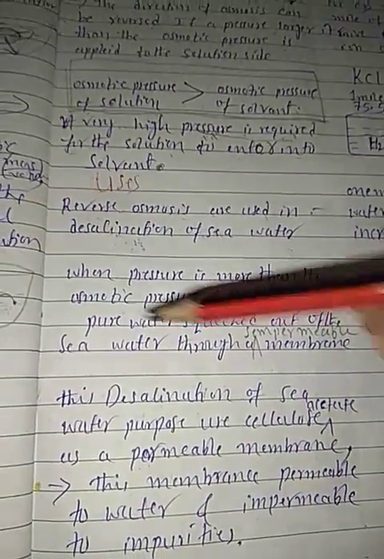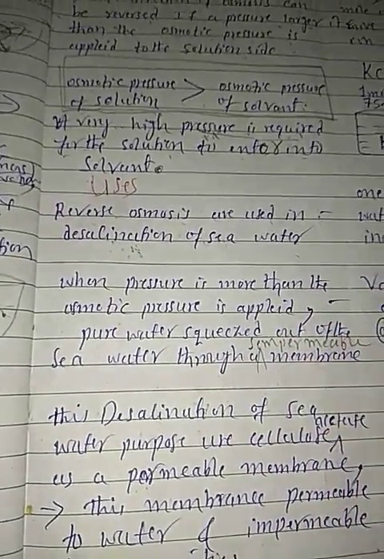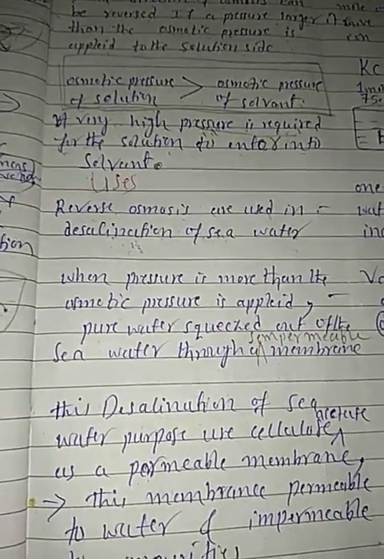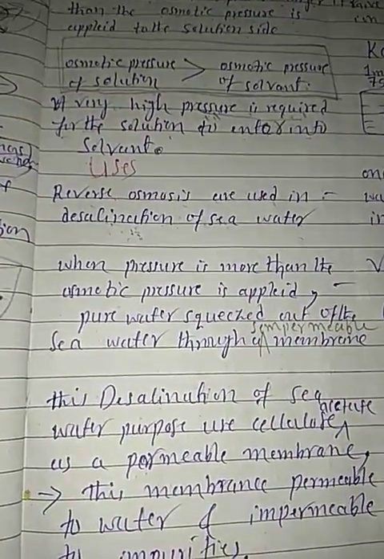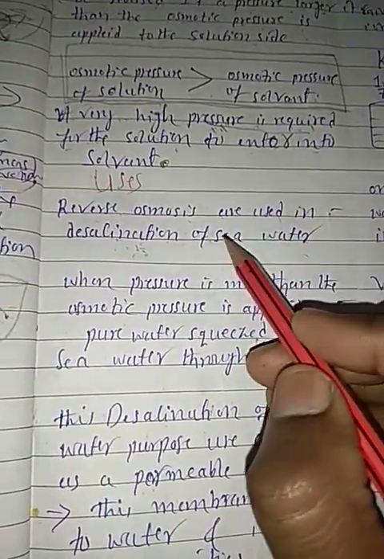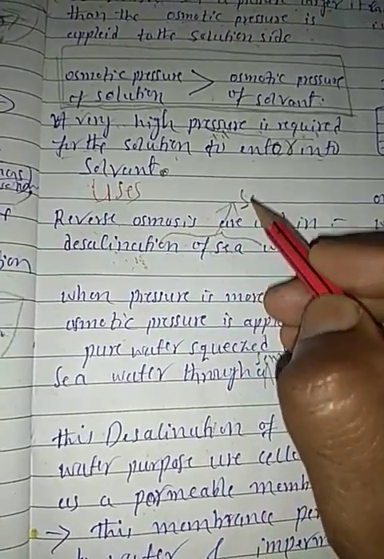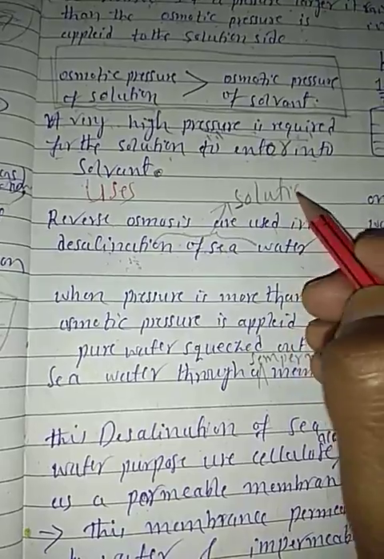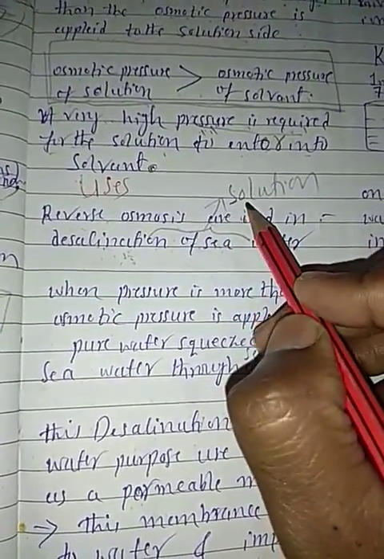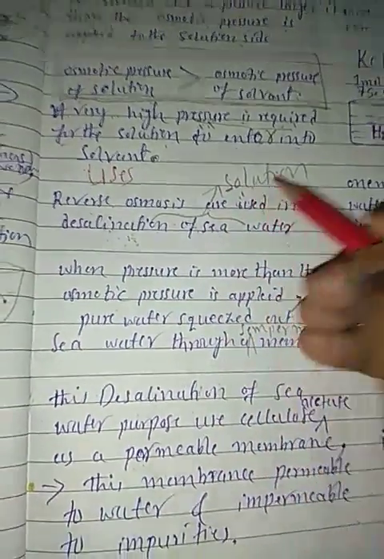During the purification, the desalination of water, what do we have to apply? We apply high pressure on the seawater. Seawater is considered a solution because it contains many minerals and ions.